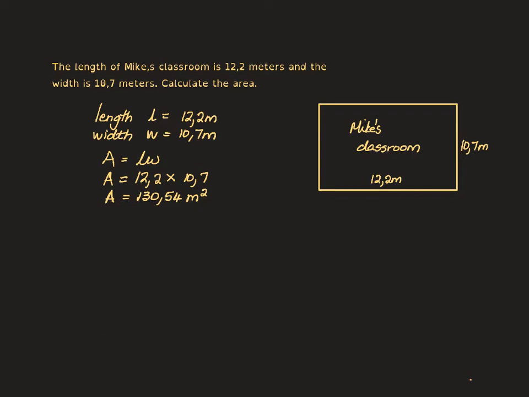In this exercise we're going to round correct to the nearest whole number. When you're rounding to the nearest whole number, you go to the first number after the decimal comma. If it's a 5 or more, you make that one bigger. If it's less than 5, you leave it the same. Over here we have 5, and so we are going to make that 131 meters squared.